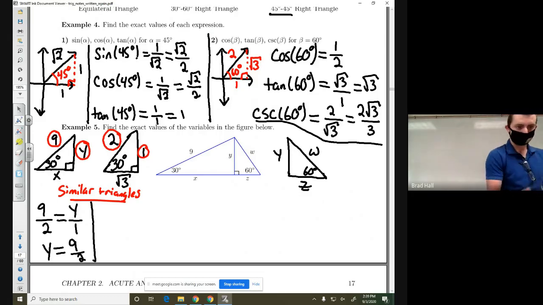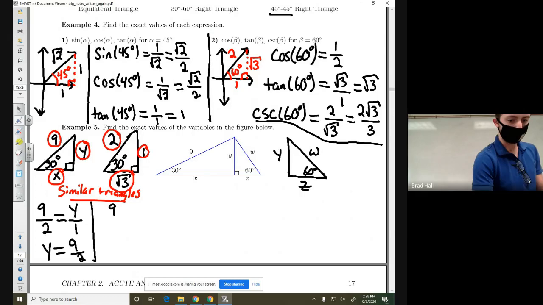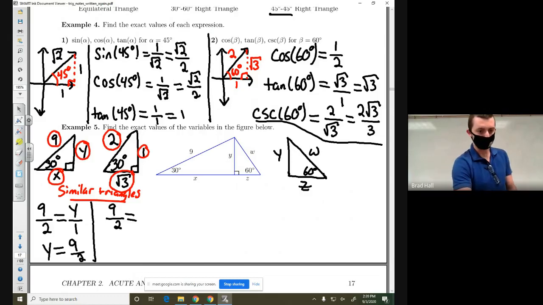Okay, so what about x? So now we have that 9 over 2, that ratio, is equal to x over the square root of 3.